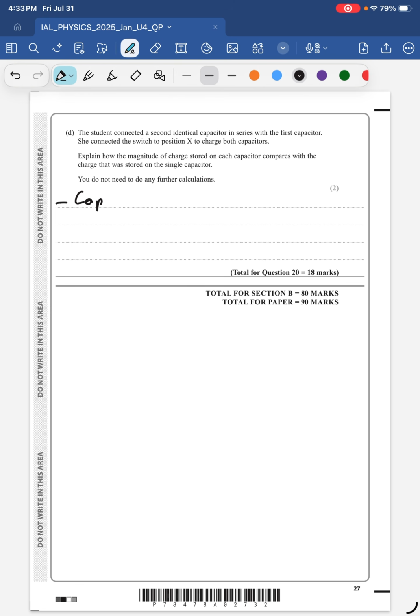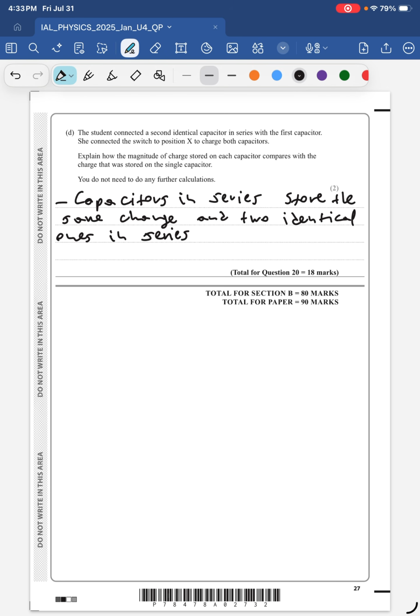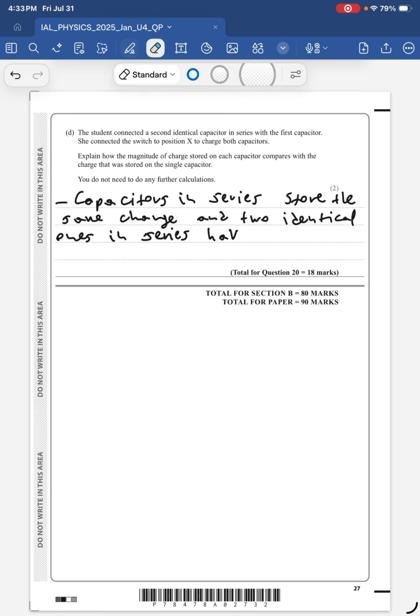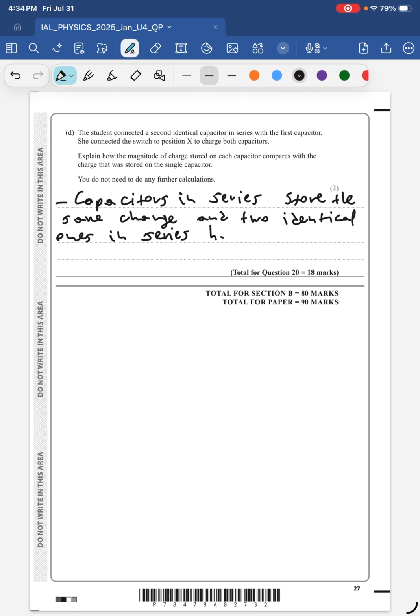So capacitors in series store the same charge, and two identical ones in series halve the total C. So 1 over C plus 1 over C is 1 over C total, which means that C total is now C over 2.